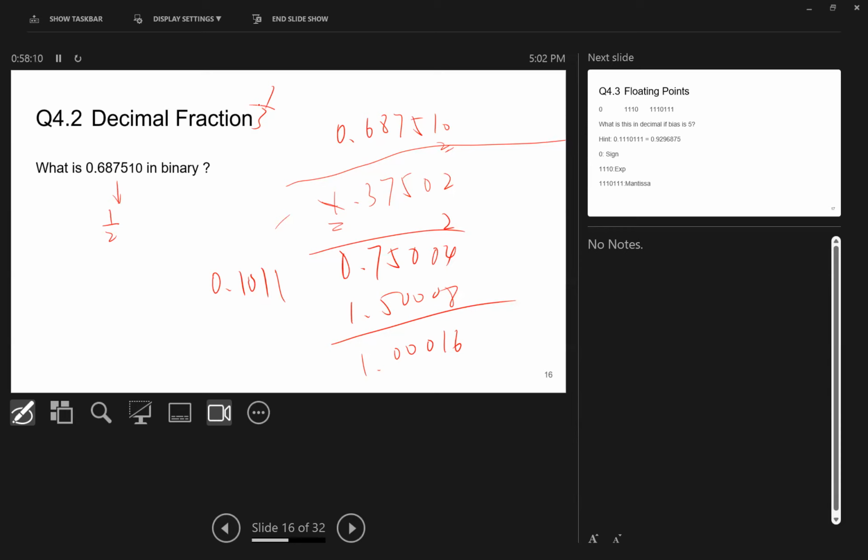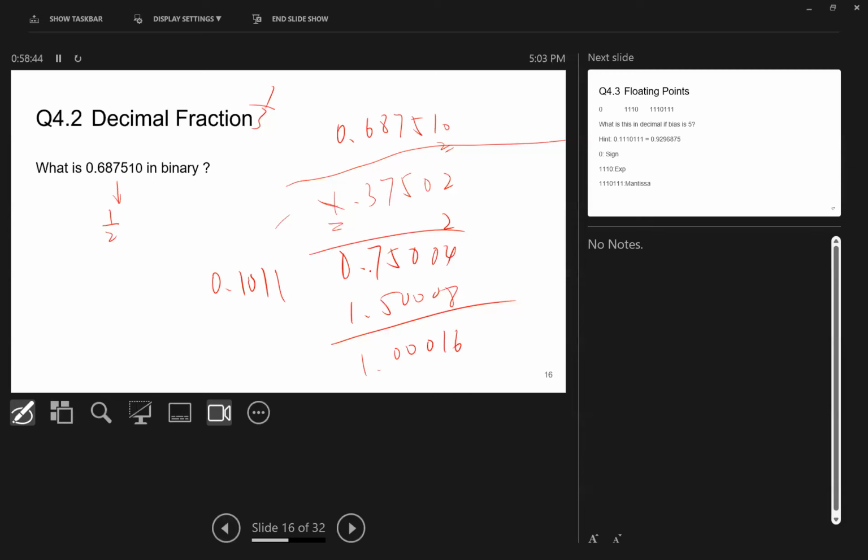So maybe we just say that until we get some tolerable errors, then we just end our transformations. But if we want to represent these numbers precisely, we have to use circulating binary or infinite binary.